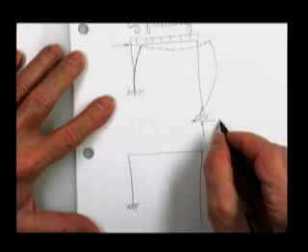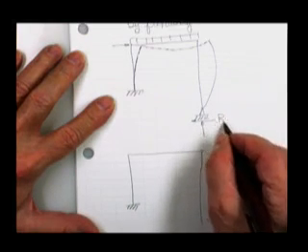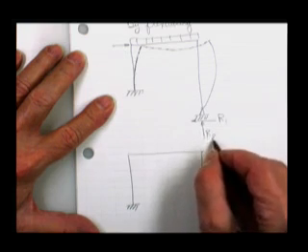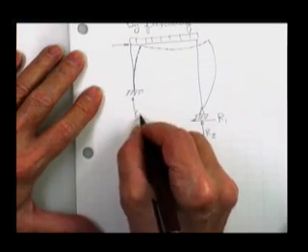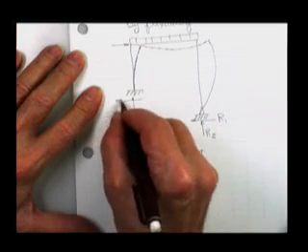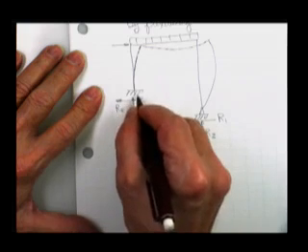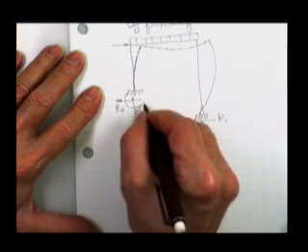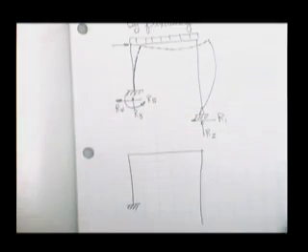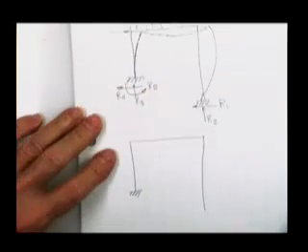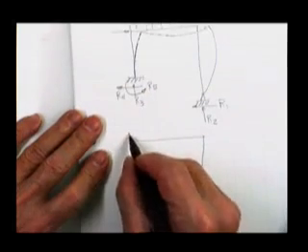You couldn't analyze this one because you had an R1 and an R2 and an R3 and an R4 and an R5. Now that you took off R1 and R2, you can analyze it.